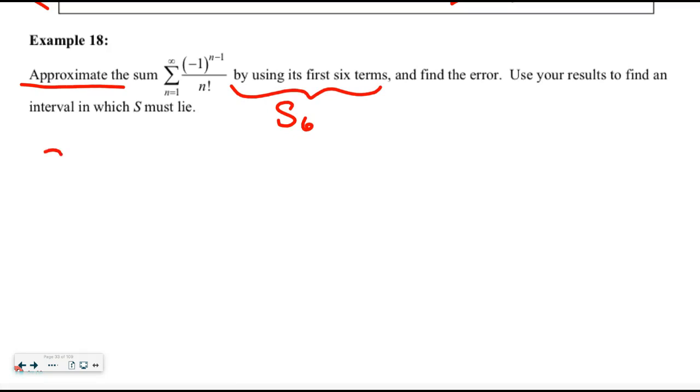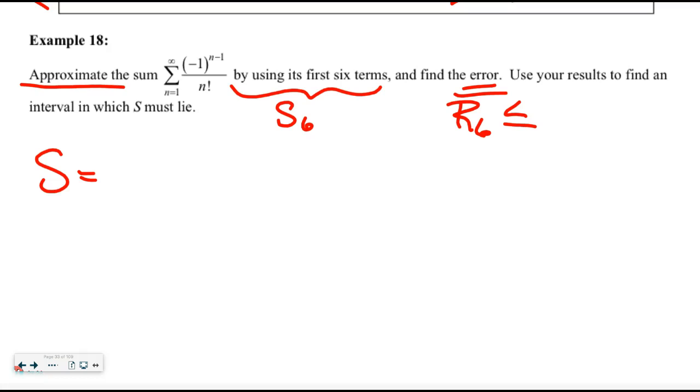The actual sum is S. Their difference in absolute value is the error, which we're going to call R sub 6, but we're going to bound it by our first unused term, which a text would call A sub 7. You see what I mean?